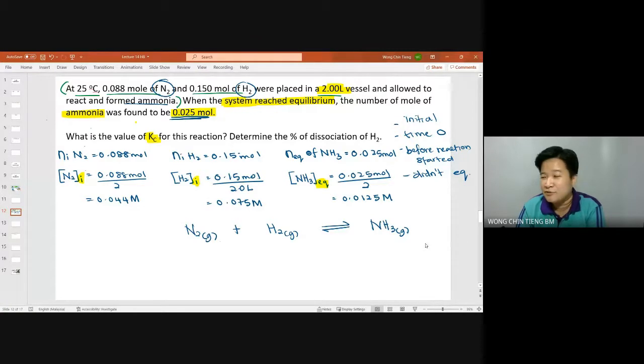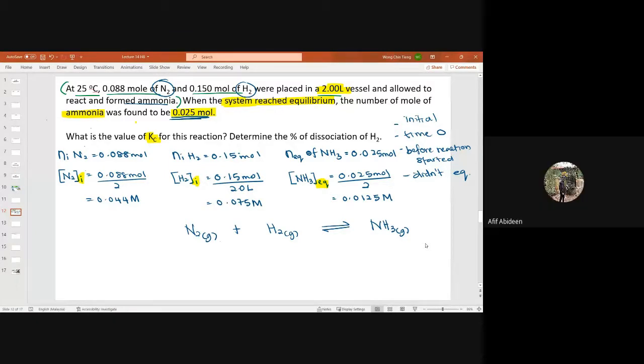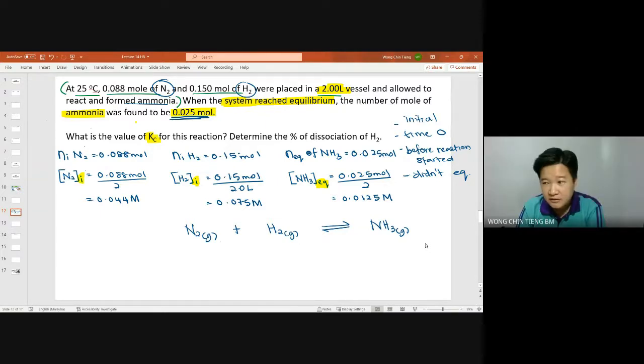Satu reaction yang kamu jumpa easily, everywhere, anywhere. You'll be very dead next semester, you know. Afif? Yes. 2 mole. How do I balance this equation?